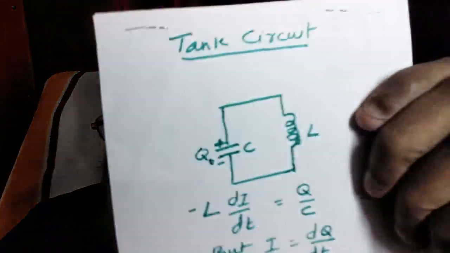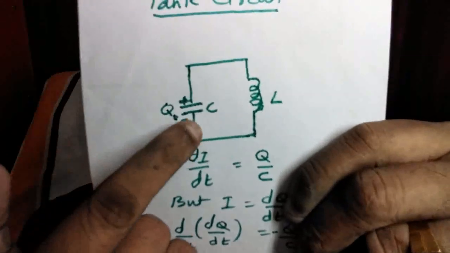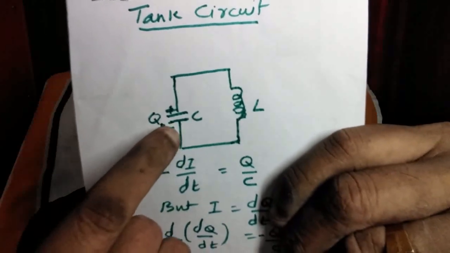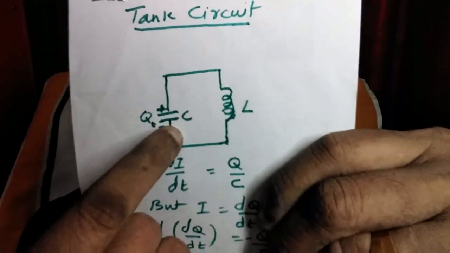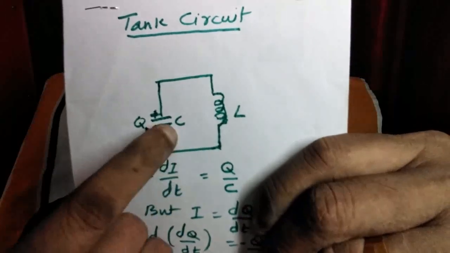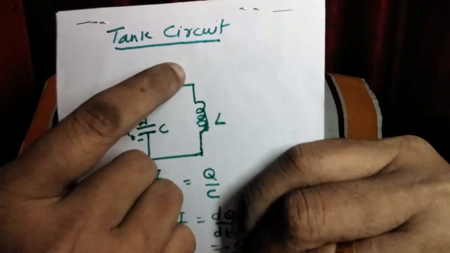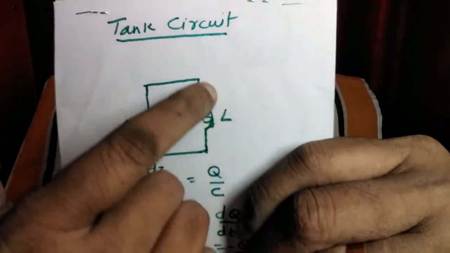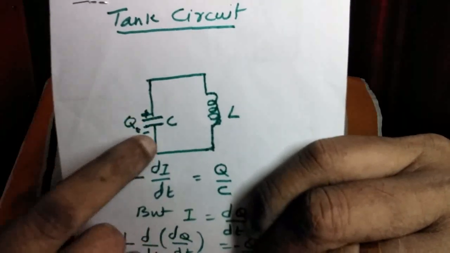Similar to that, here electronic oscillations take place. Suppose there are 2000 excess electrons on this plate. As soon as the connection is completed, these 2000 electrons must flow through this coil and neutralize the upper plate, making the capacitor neutral. But that is not what is happening.